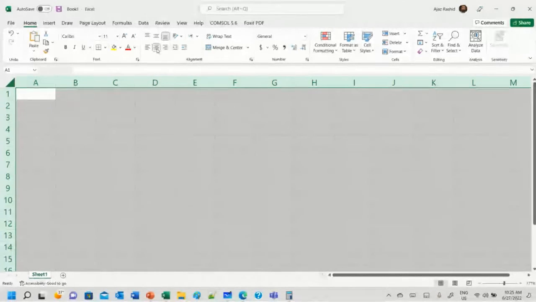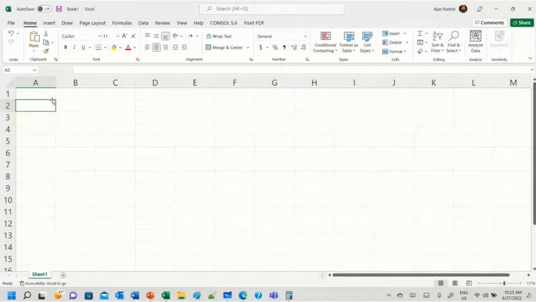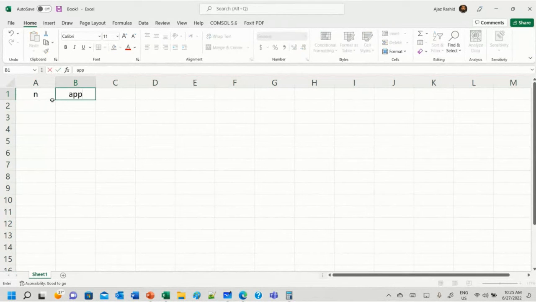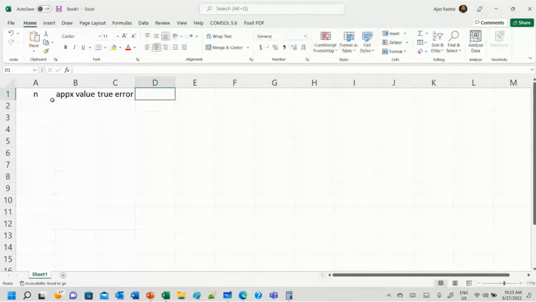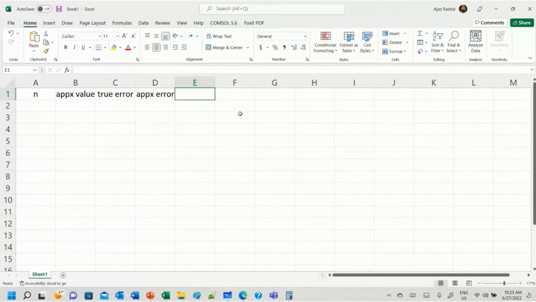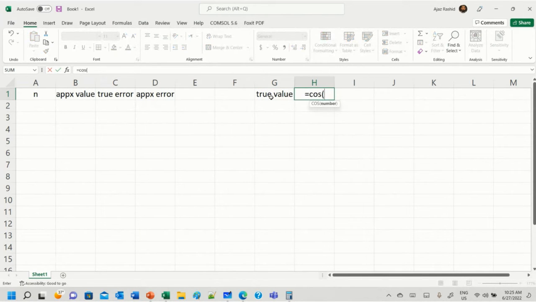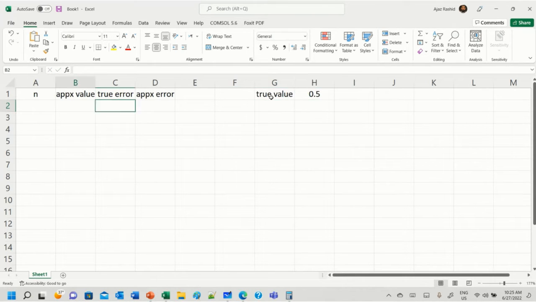So select everything, make it center aligned. This is our n, that's our approximate value. Then we have the true error, then we have the approximate error. So the true value is cosine of pi by 3, which we said is 0.5.